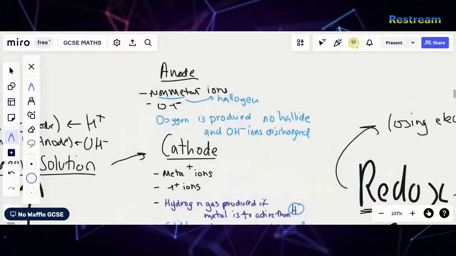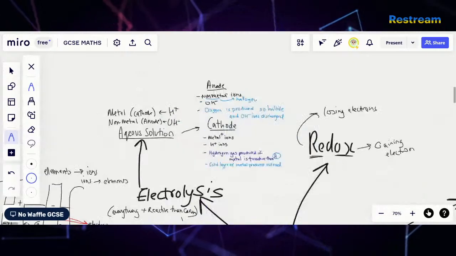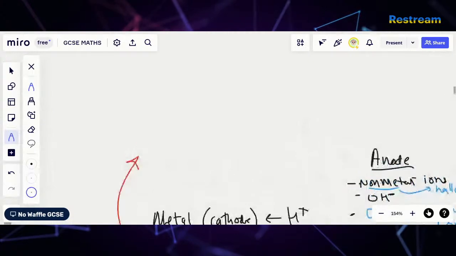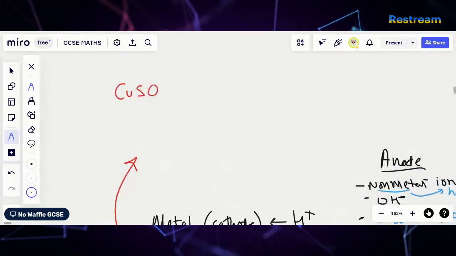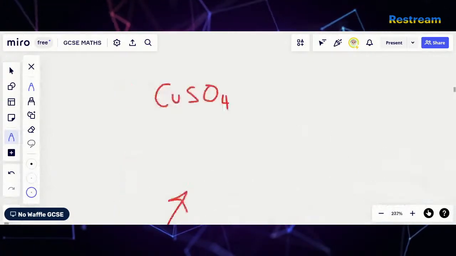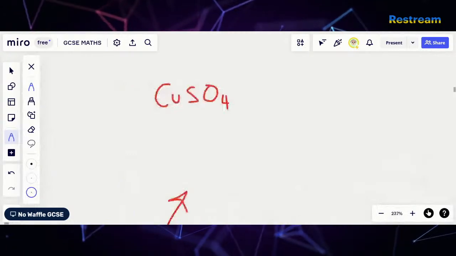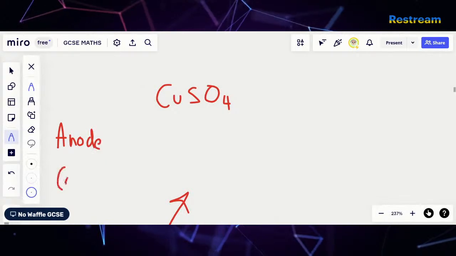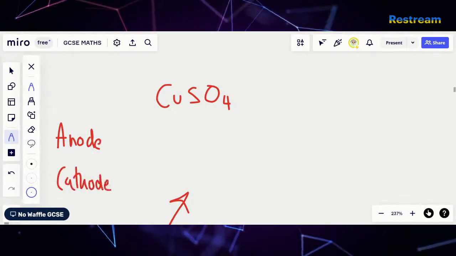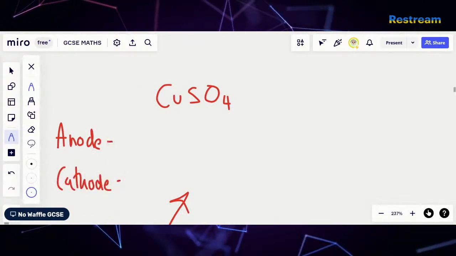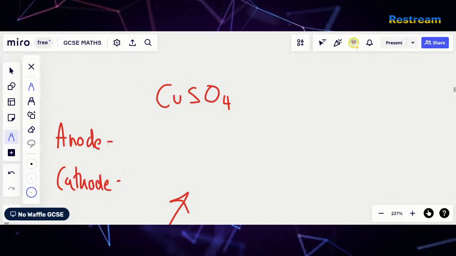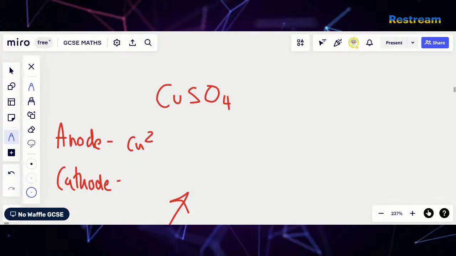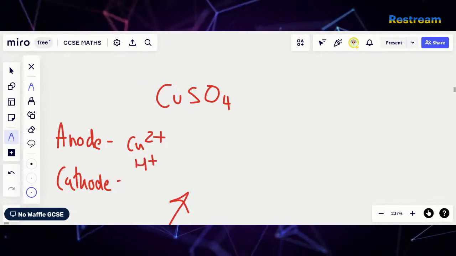So we can apply our understanding to this situation here. Copper sulfate is being electrolyzed here. So we have the anode and we have the cathode. At the cathode, which is the negative, we're going to see the positive metal ions, as well as H+.